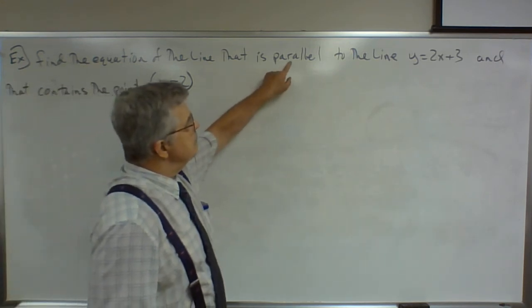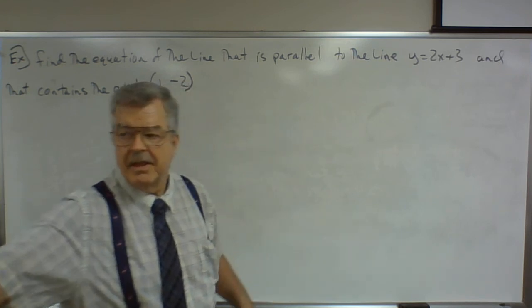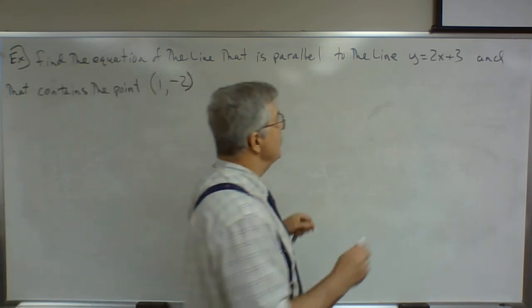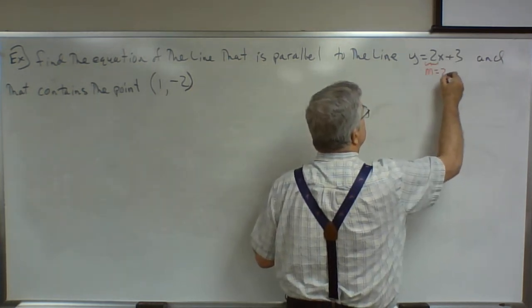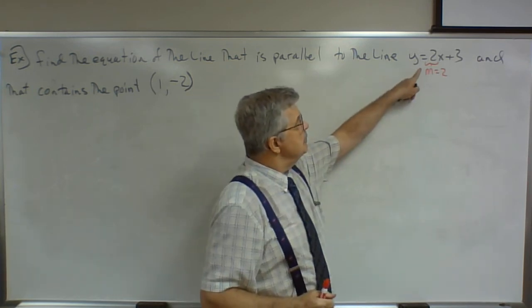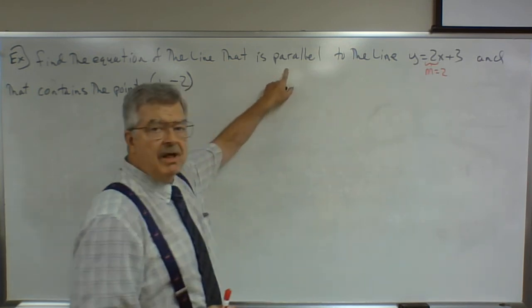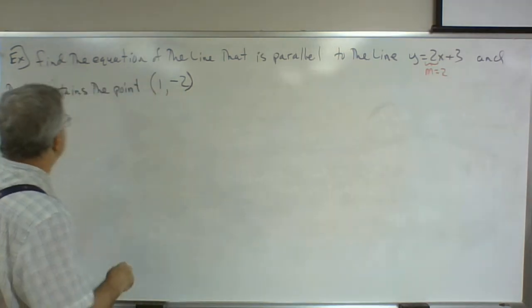If the lines are parallel, then they both have the same slope, right? And we know what slope this line has. This line has slope 2. And since both lines are parallel to one another, they both have slope 2.